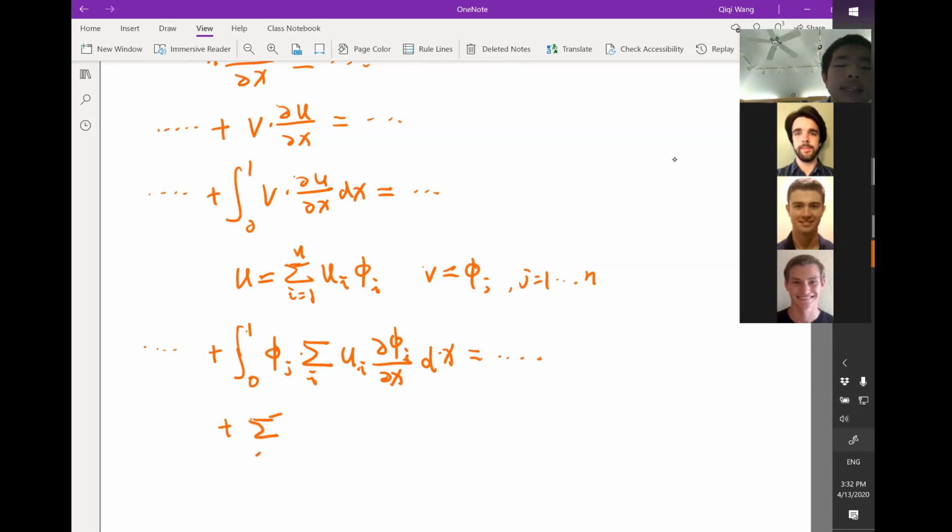We pull this summation over i out of the integral, and u_i, being not a function of space, can also be pulled out of the integral, and we have something like phi_j times the derivative of phi_i with respect to x.